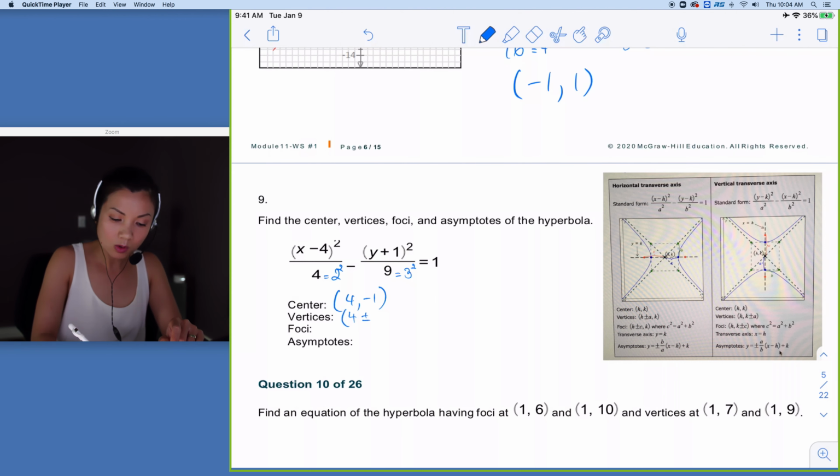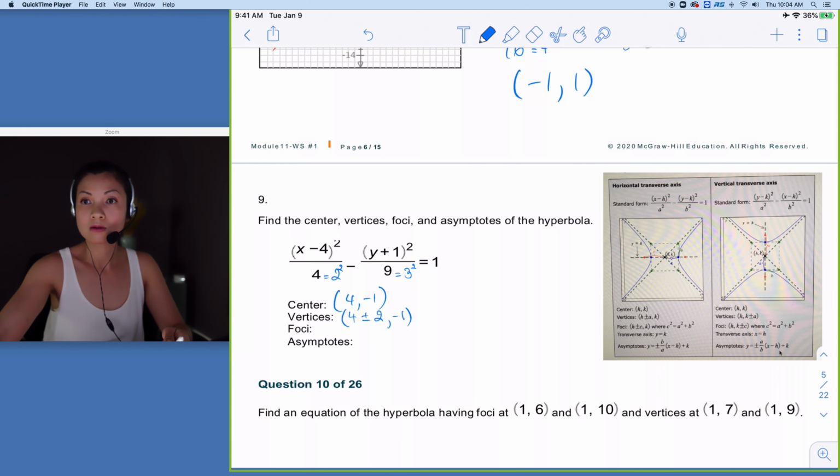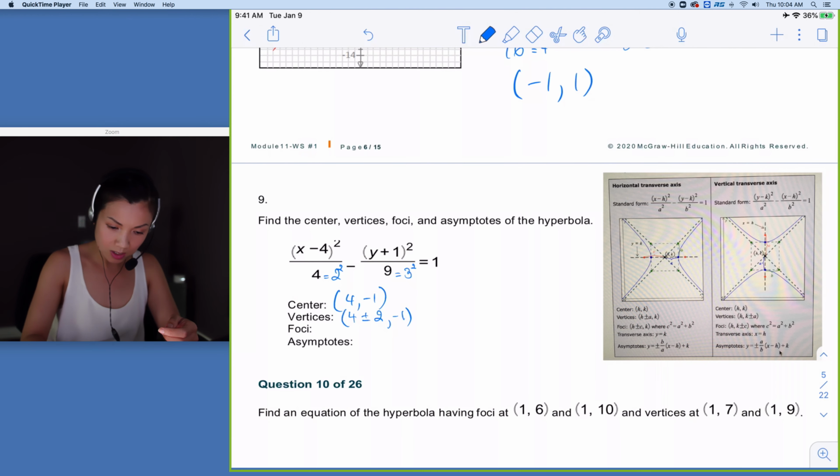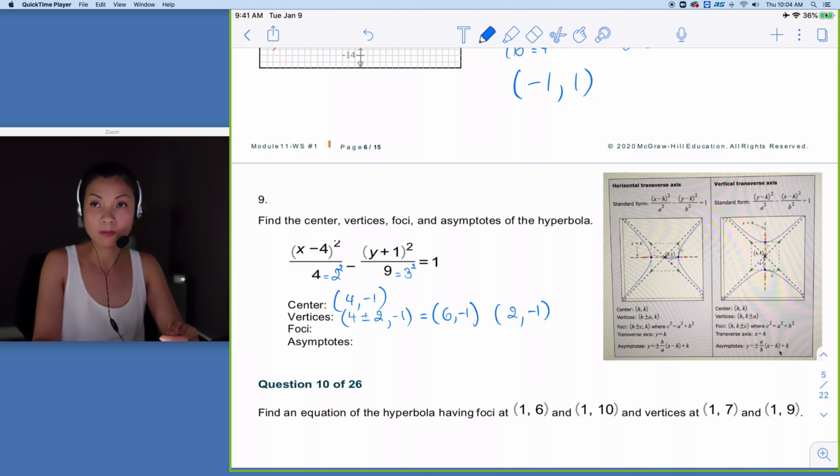Okay, so what I have is 4 plus and minus 2, negative 1. So the answer is going to be 6, negative 1, and 2, negative 1.